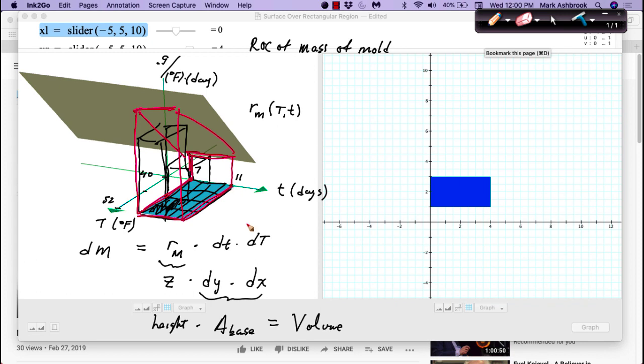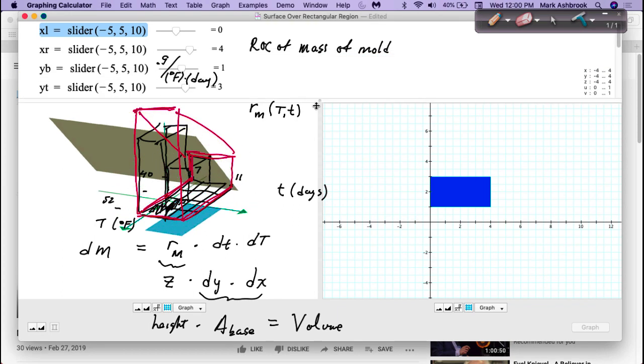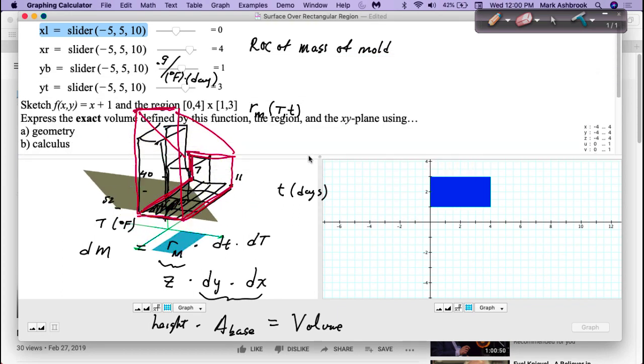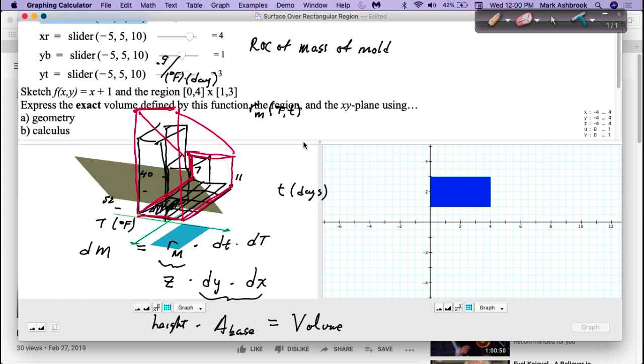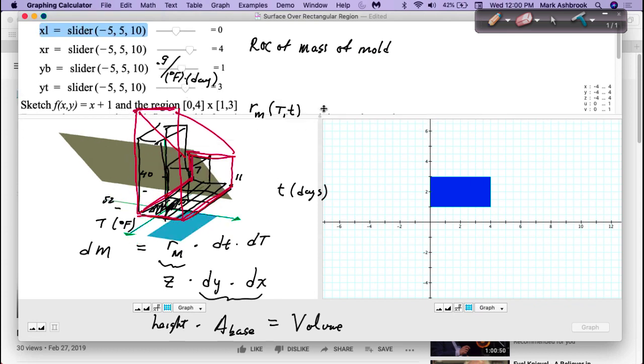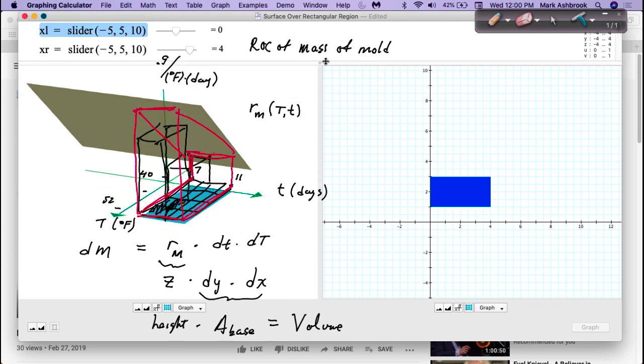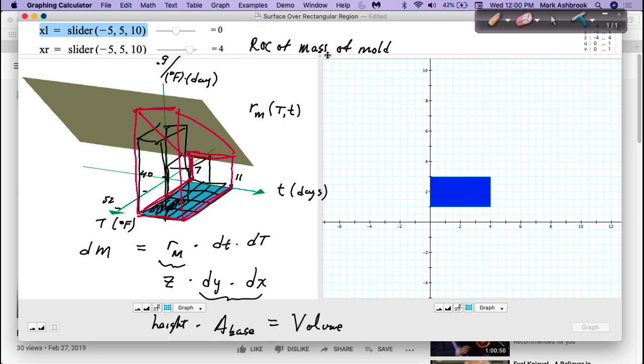Okay, so I want you to find that actual volume just by geometry. Because I gave you a nice plane, we can do this without calculus. So the function is x plus 1, and the region is 0 to 4, 1 to 3. And I want you to find the exact volume of the resulting solid. So I'll do this in red.